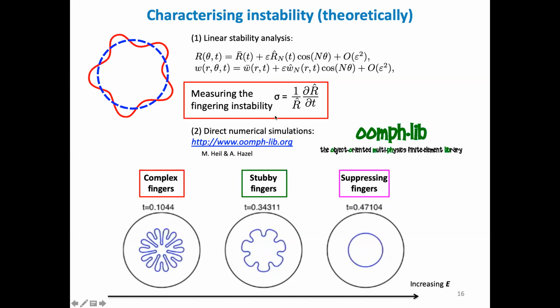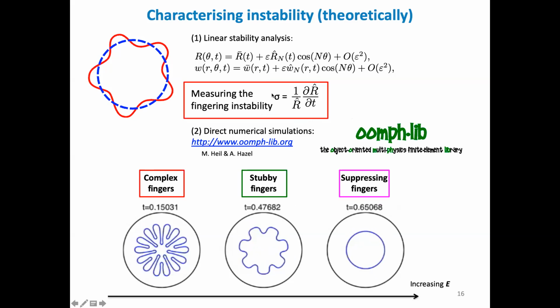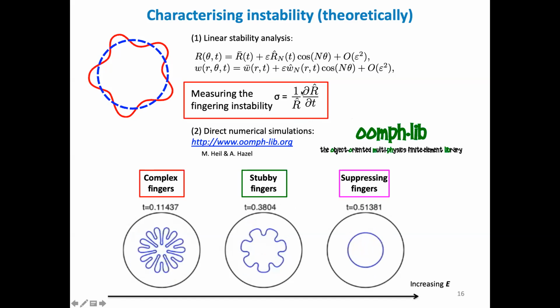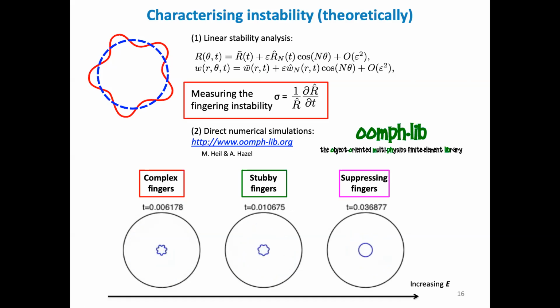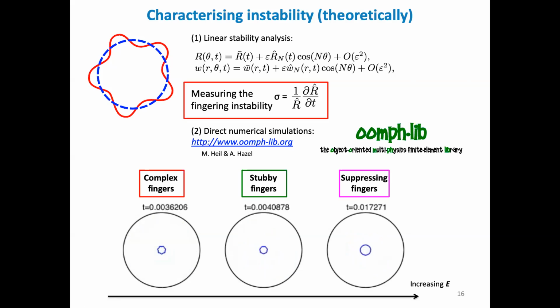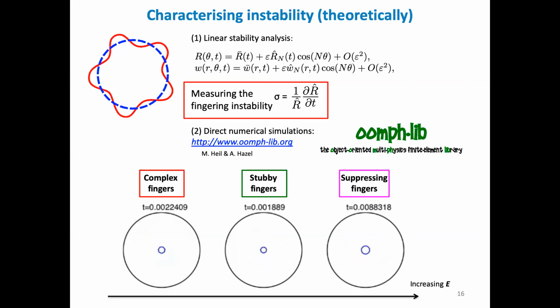If it increases in time, then the instability grows. And so that allows us to characterize the onset, at least, of the instability. Then we also compare all of that to direct numerical simulations that we've done using oomph-lib, which is our in-house built finite element library that deals particularly well with these kinds of problems where you have a moving interface, such as the one in here.